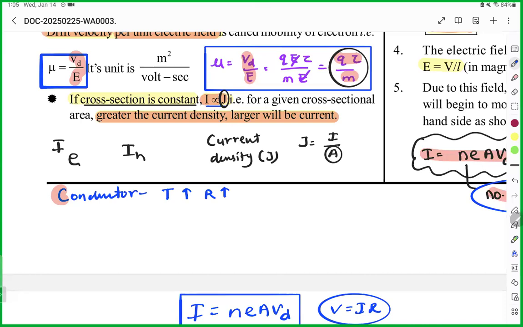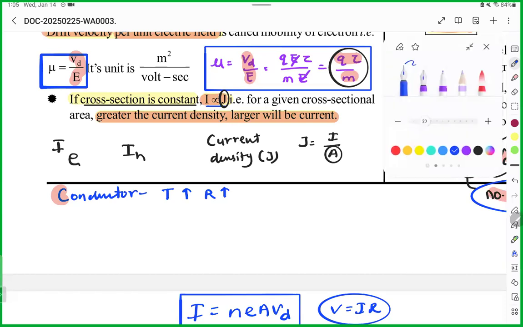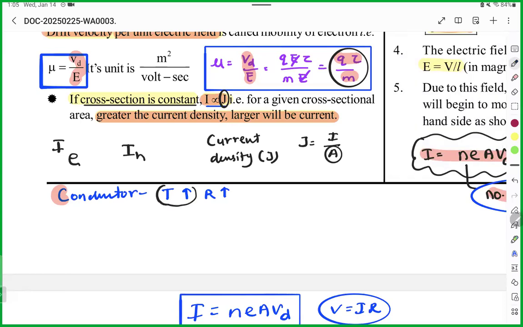The reason being, I always make this mistake, so I want all of you to be 100% sure of this reason. When you increase temperature in case of a conductor, they already have maximum conductivity, maximum conductance. If you increase temperature, what will happen?